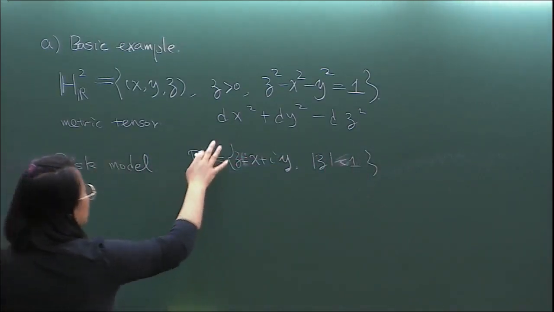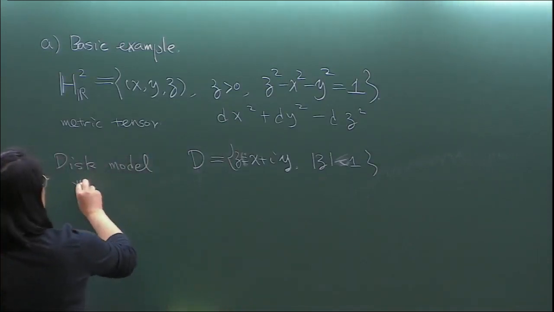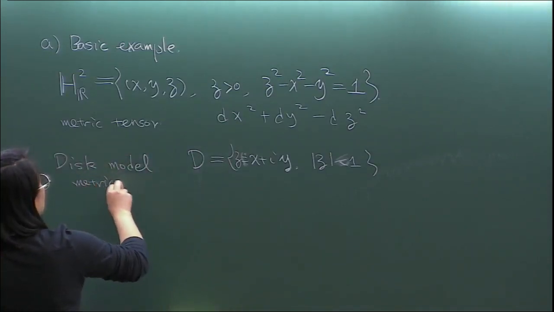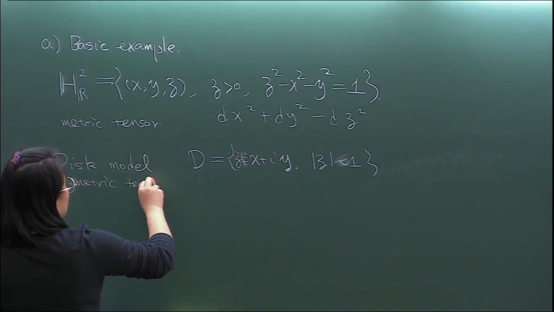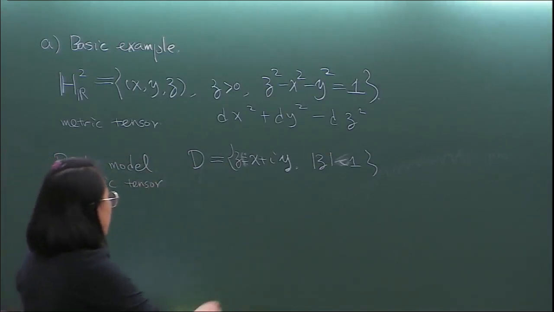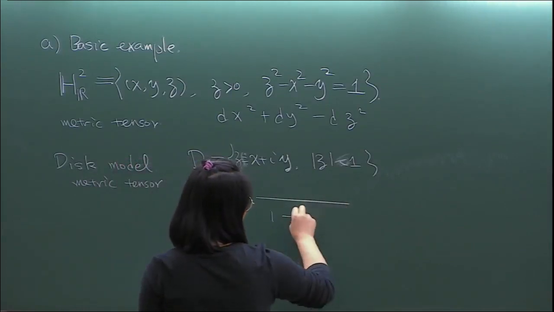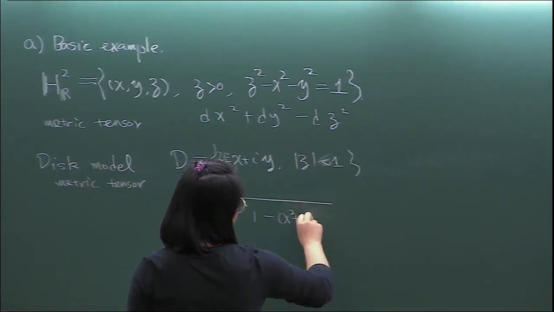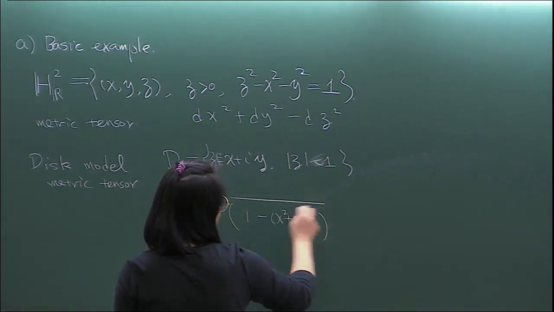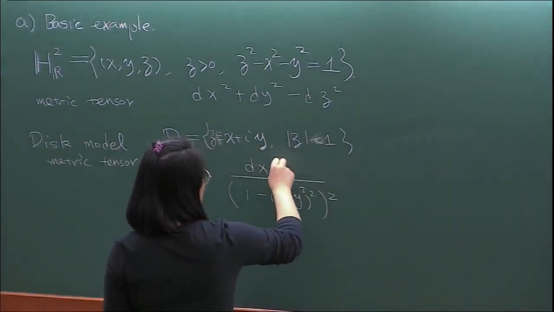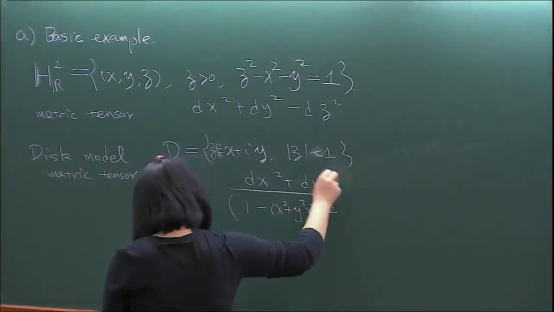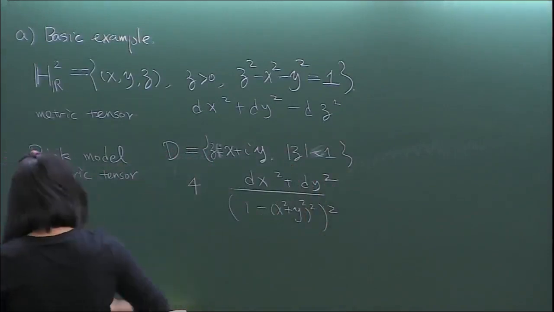This metric tensor is with this one, 4. Okay, there's 4 here.